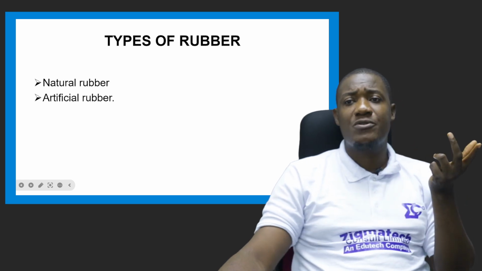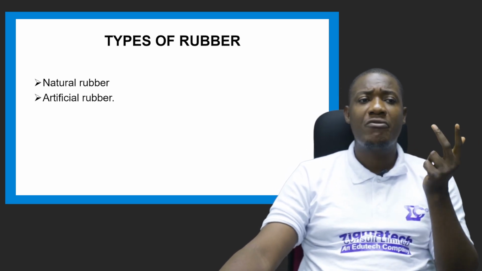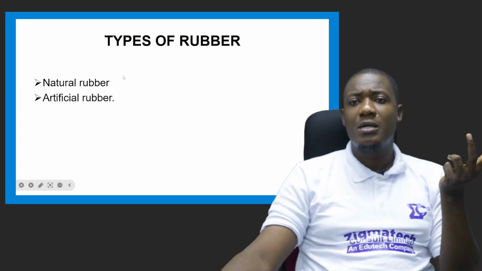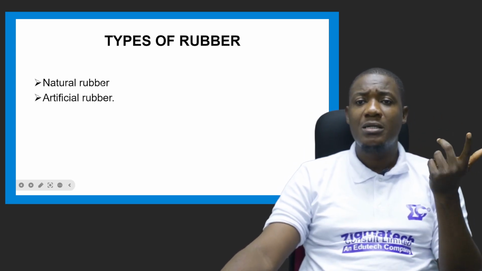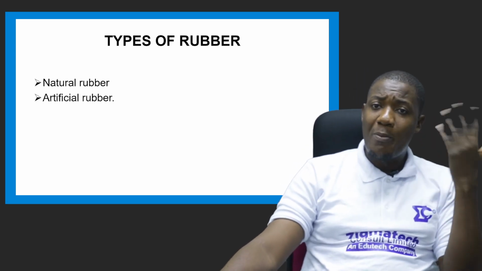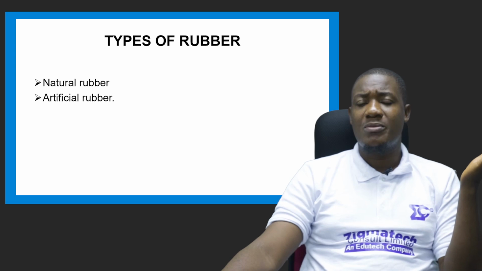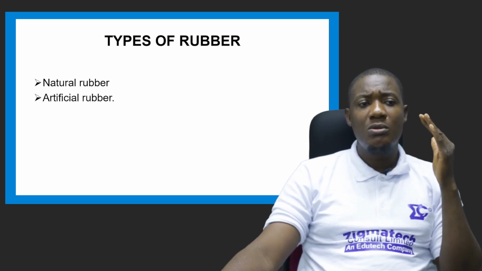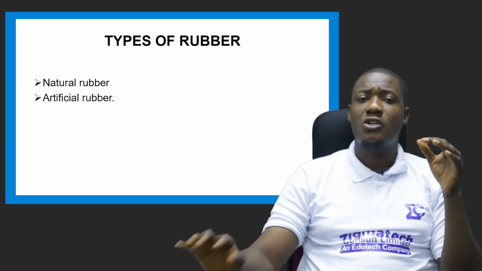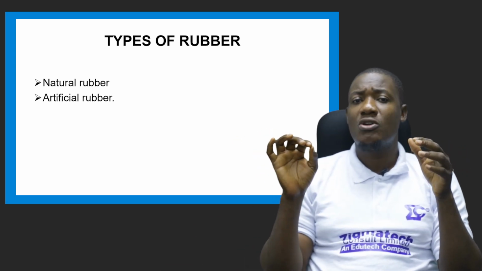We have two types of rubber. We have natural rubber. We also have artificial rubber. Natural rubber is rubber that we obtain from rubber trees. Sometimes when you peel or cut the bark of this rubber tree, normally there's a liquid that gushes out of the rubber tree.